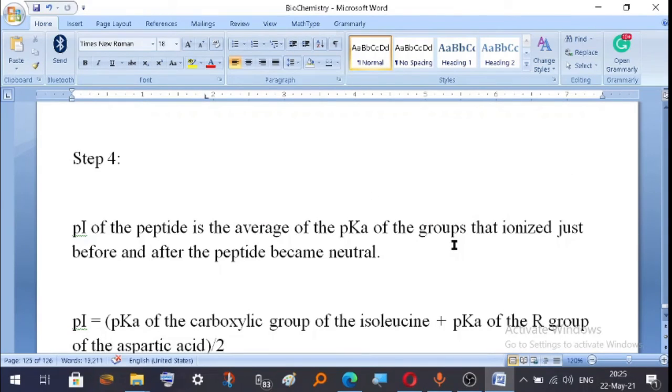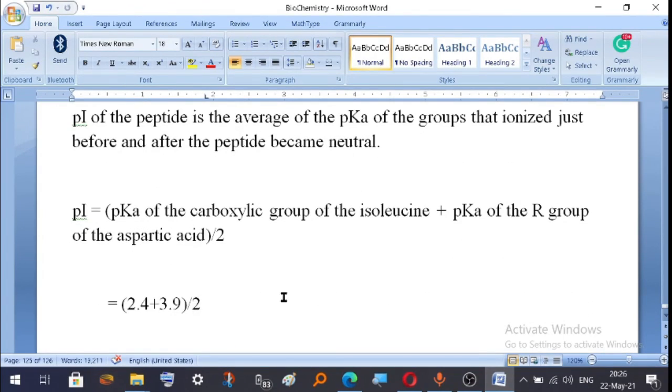In step 4, we find out the pI of the peptide. The pI of the peptide is the average of the pKa of the groups that ionized just before and after the peptide becomes neutral. In other words, the pI of the given peptide is pKa of the carboxylic group of the isoleucine plus pKa of the R group of the aspartic acid, overall divided by 2.